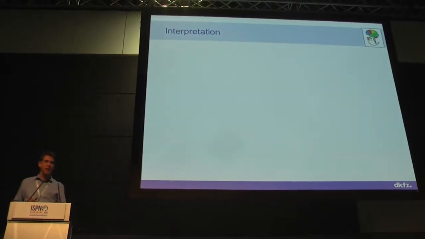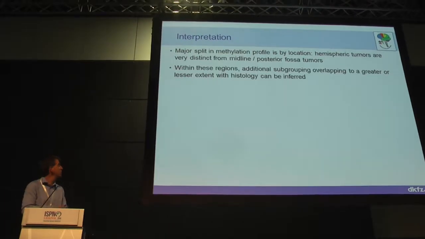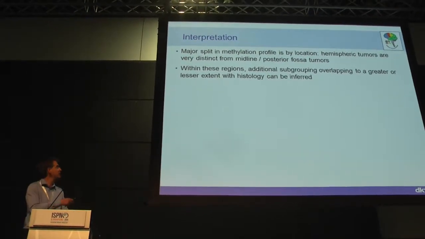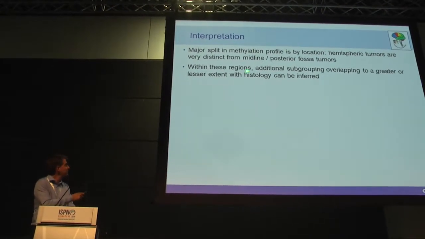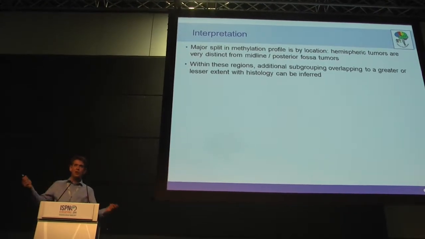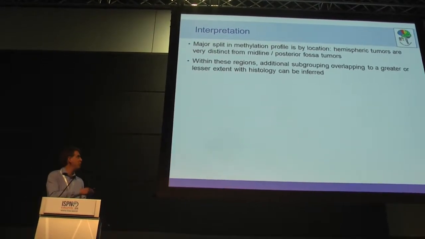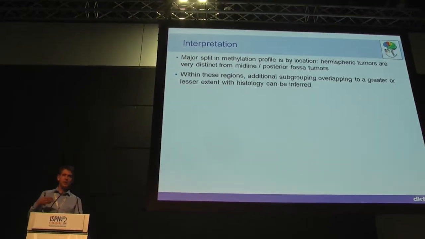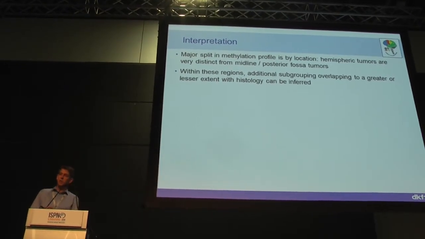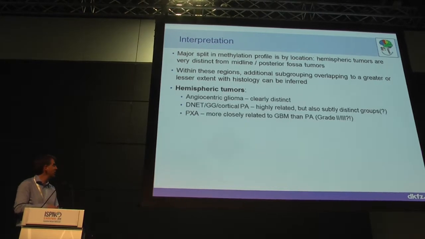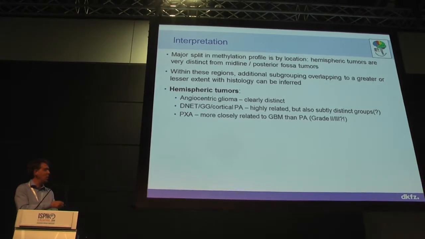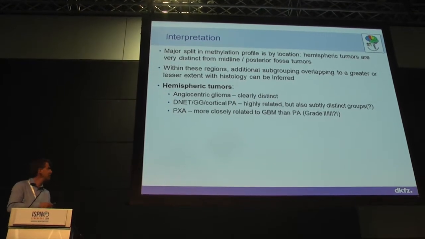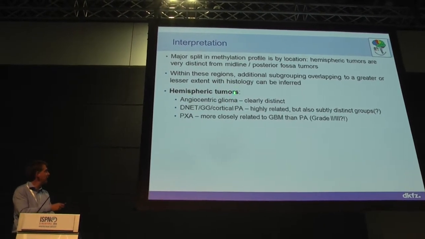So in trying to interpret and summarize that for you, we see this major split with the localization, but within the large anatomic compartments, there seems to be a subgrouping that justifies, also from a biological perspective, the distinction of several entities.